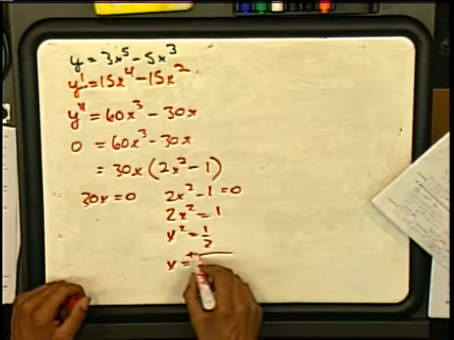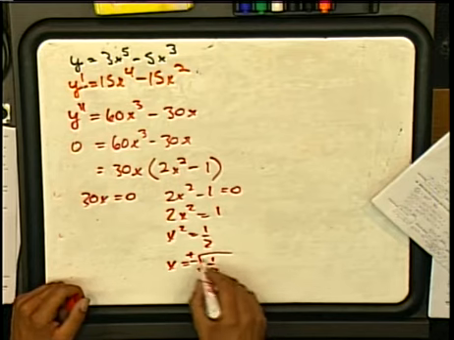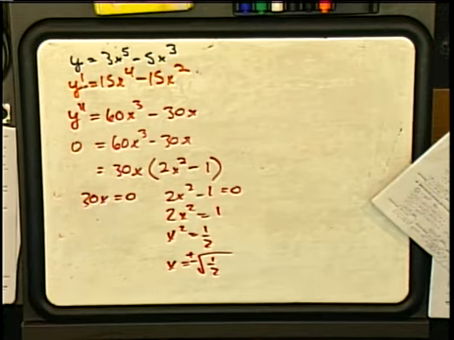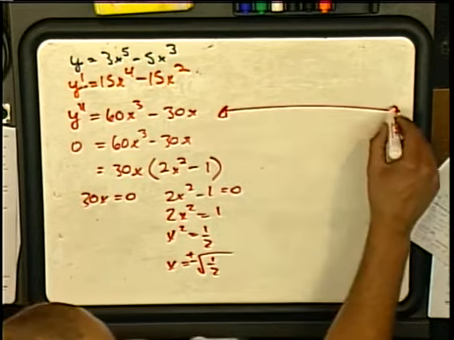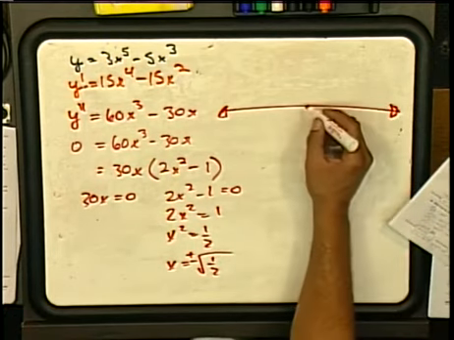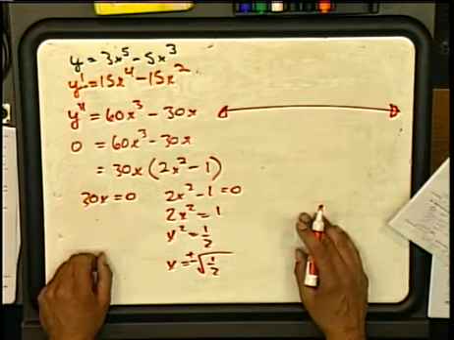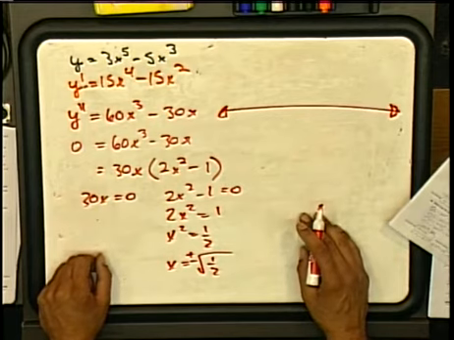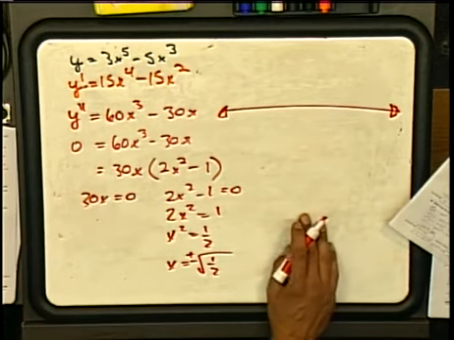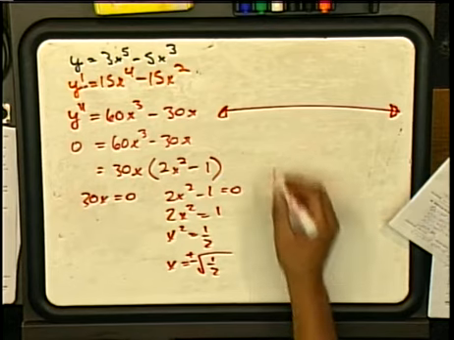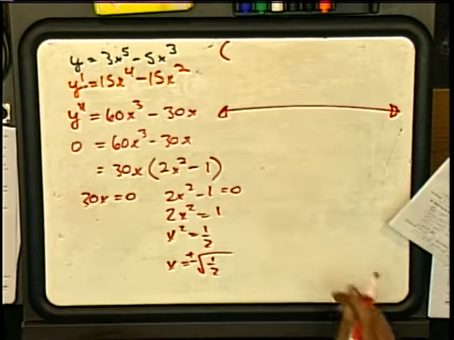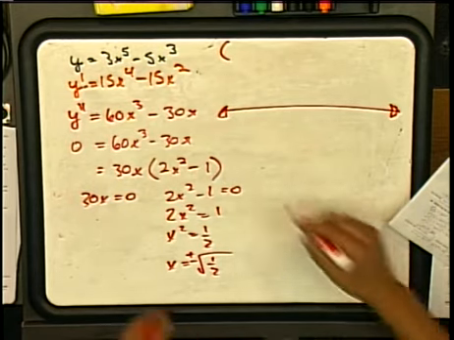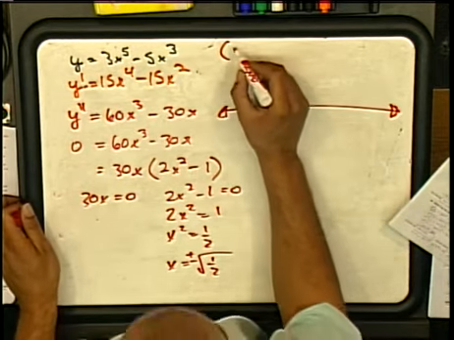Equals plus or minus 1/2. Number line. What were the x and y intercepts? Not the maximum, just the intercept when we did plus or minus square root of 5/3.